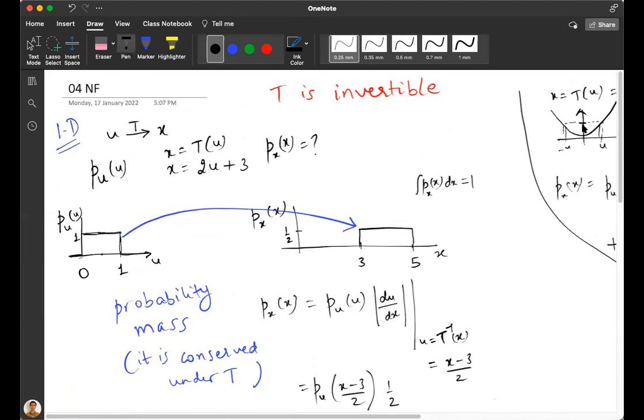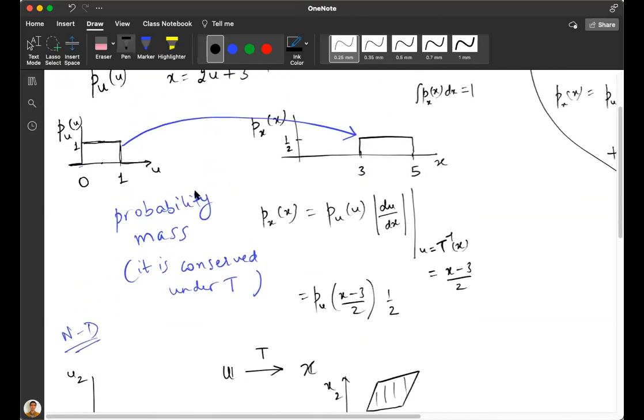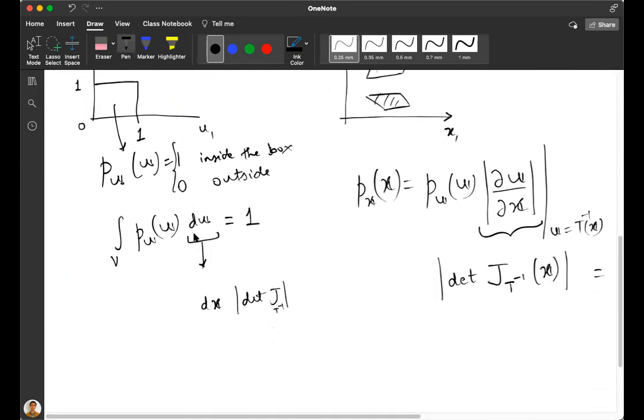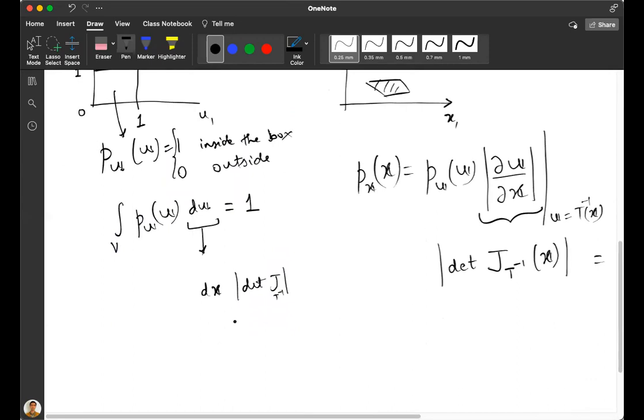If your delta u is small and x is large, this means your derivative is large. If your delta u is very large and x is very small, this means your derivative is very small. So it's a measure of how much stretching or shrinking you are doing. So similarly here, this is the notion of stretching or shrinking, right?